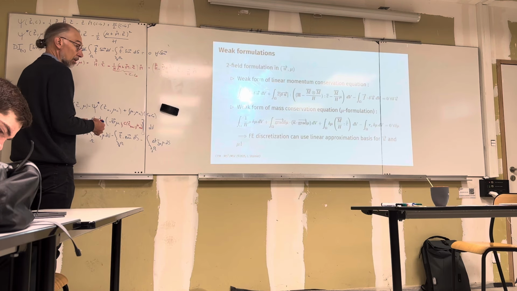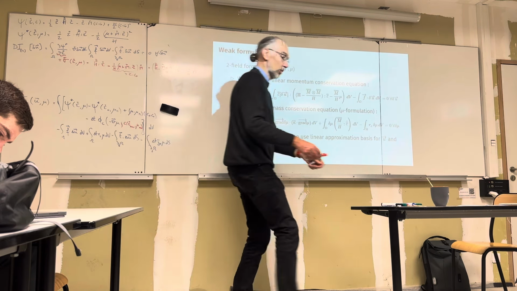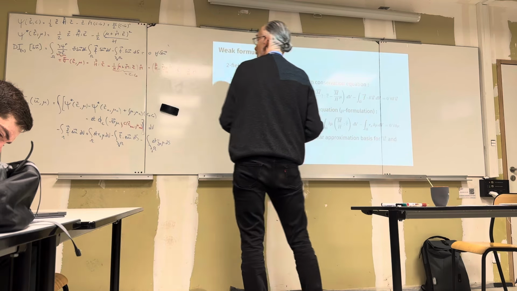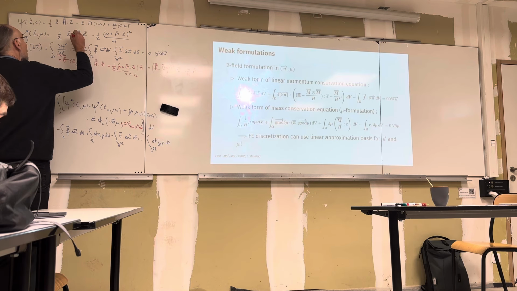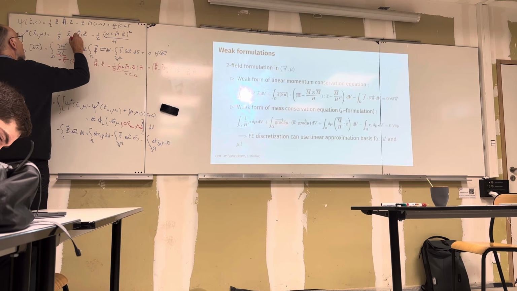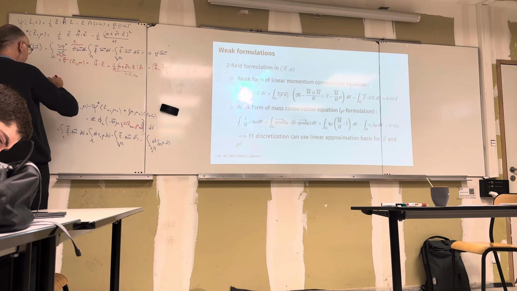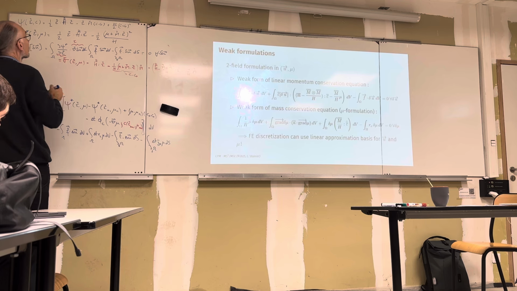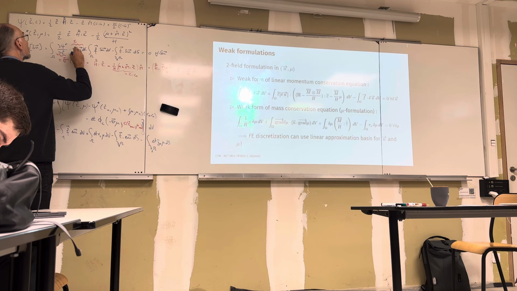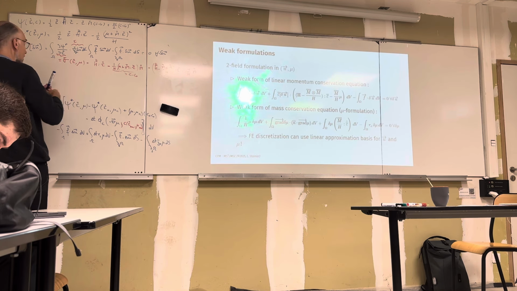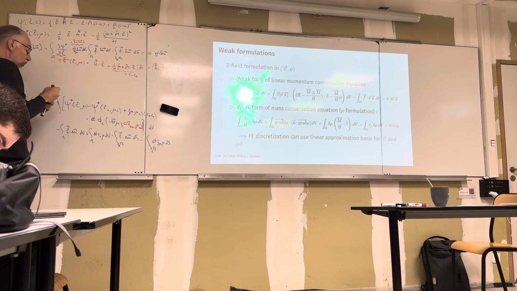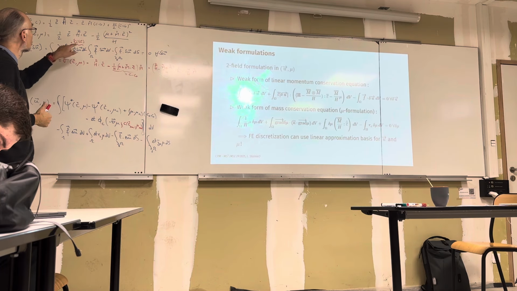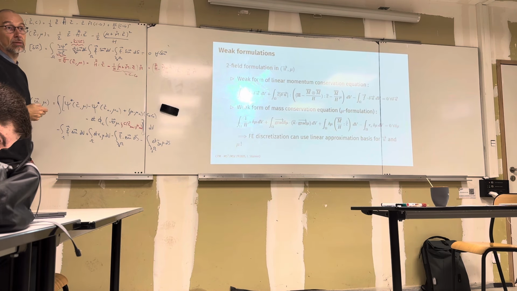It's the symmetric part if I take the symmetric gradient, but since this is symmetric, it doesn't change anything. This is what I wrote. Epsilon of delta u here is the virtual strain.